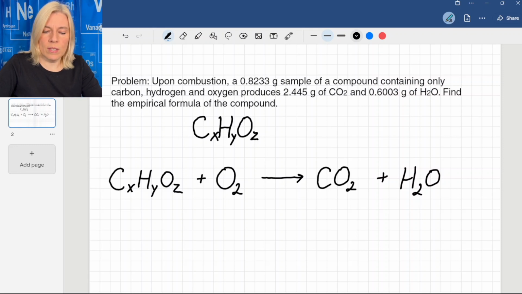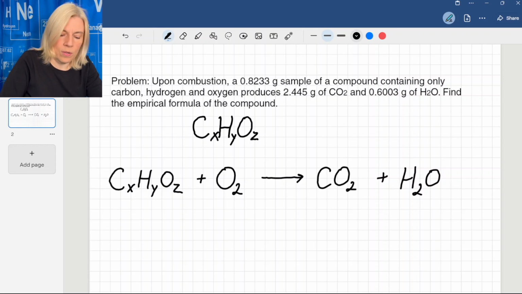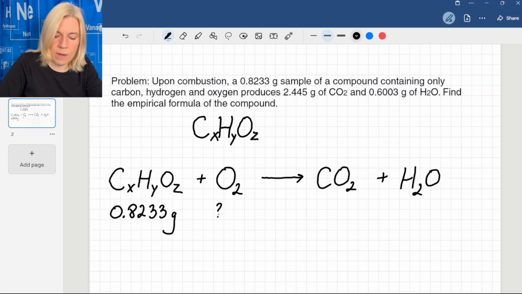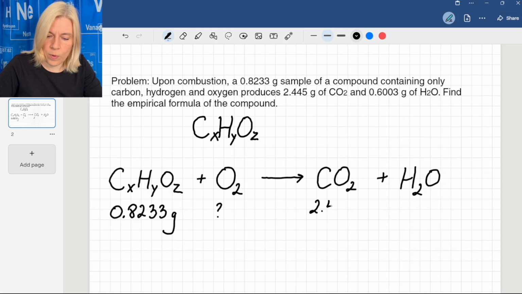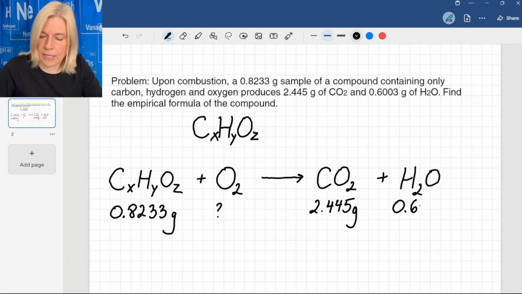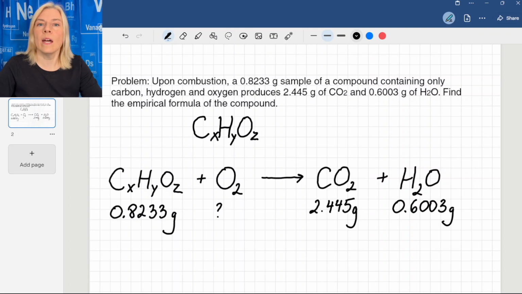I only know the mass of a sample, so let's write what we have. I have 0.8233 grams of my sample. I do not know how much oxygen it's going to use, and I'm going to produce 2.445 grams of carbon dioxide and 0.6003 grams of water. How will this help me?